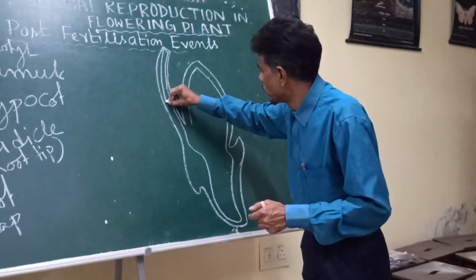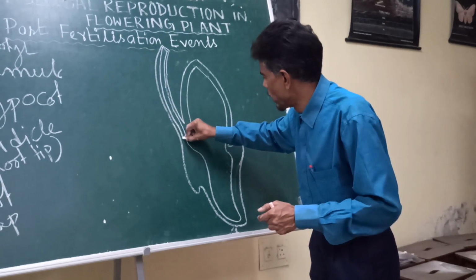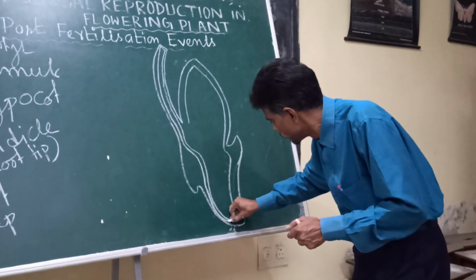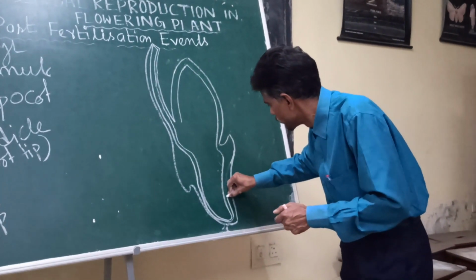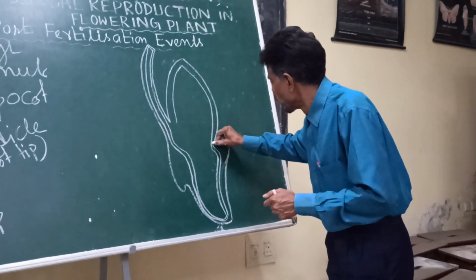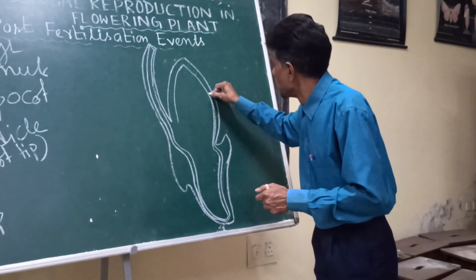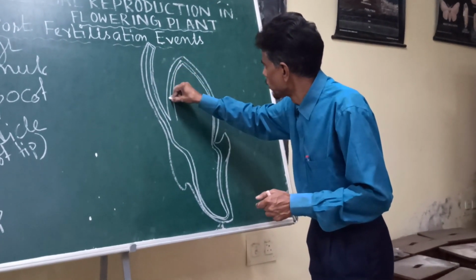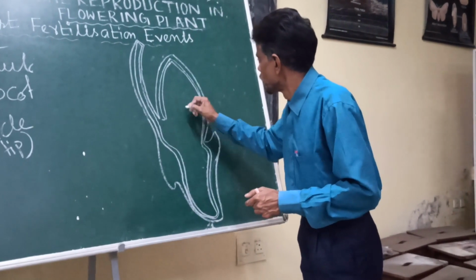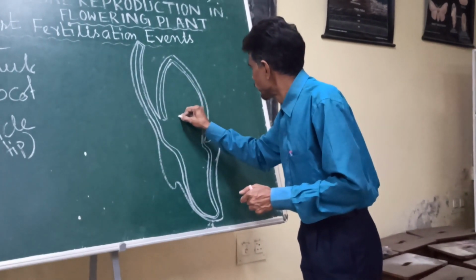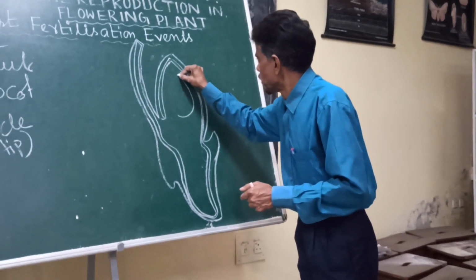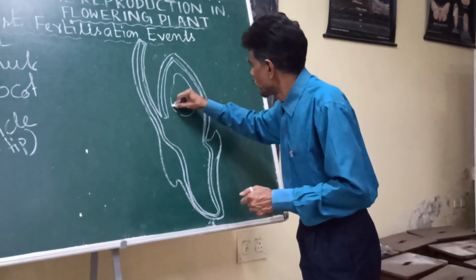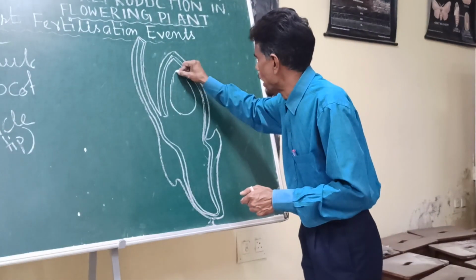One side it is extended. This is the embryonal axis.